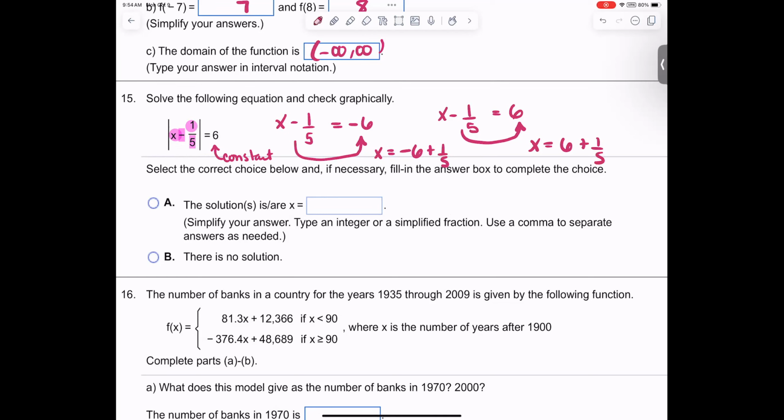If you can't, take your calculator out and do it. This is going to be -29/5, and this one's going to be 31/5. -6 is -30/5. -30 plus 1 is -29. 6 is 30/5. 30 plus 1 is 31.